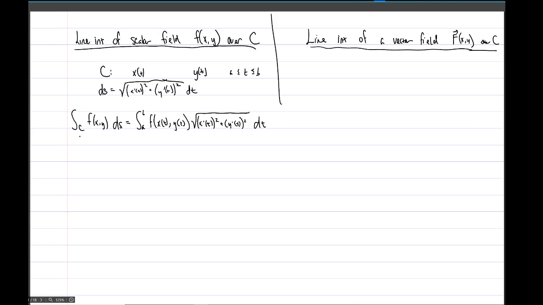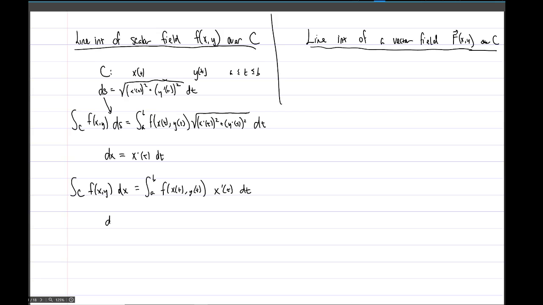We should just also comment, as long as we're here, right? So if that's the ds one, then dx is x prime of t dt. So in the same way, if you're asked integral of f of x comma y dx, this would be the integral t going from A to B of f of x of t comma y of t, but then the dx gets replaced with x prime of t dt.